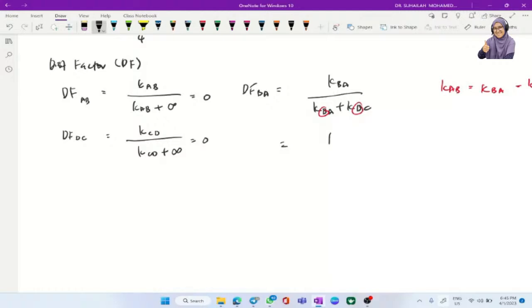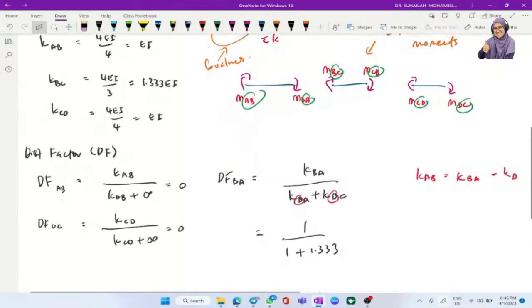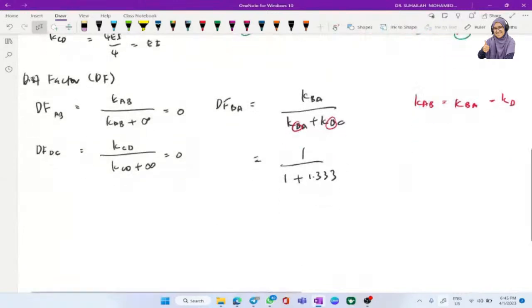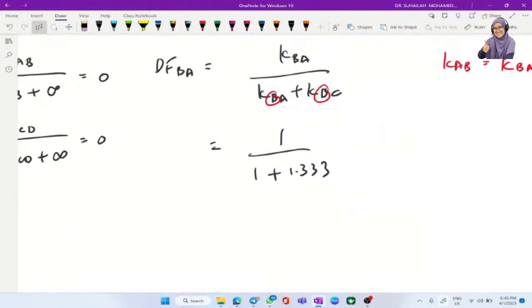It is 1 divided by 1 plus 1.333. Because KBA is also KAB and it is equivalent to EI, so we just consider 1 here because EI is now cancelled. And then KBC is 1.333.